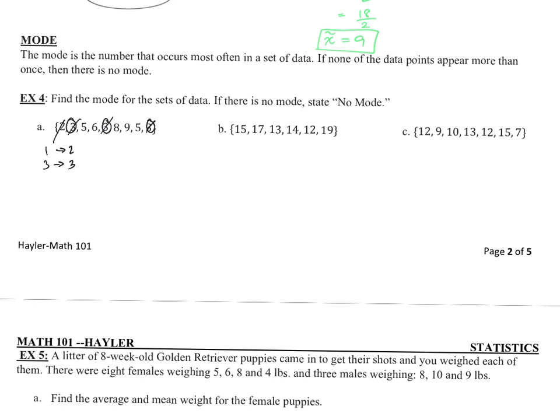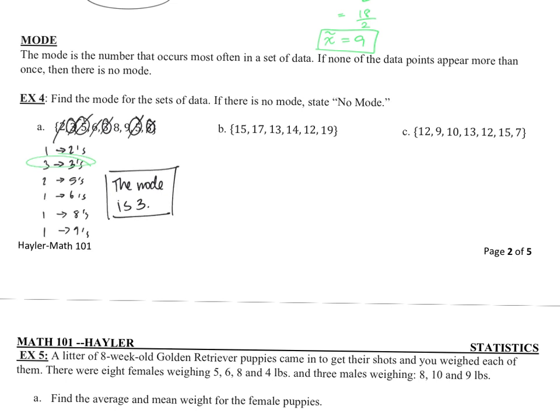And then we have 2 fives. 1 six. 1 eight. And 1 nine. So the mode, the one that appears the most, is going to be the 3s, because that has the most number of times that value appears. So the mode is 3, the one that appears the most.